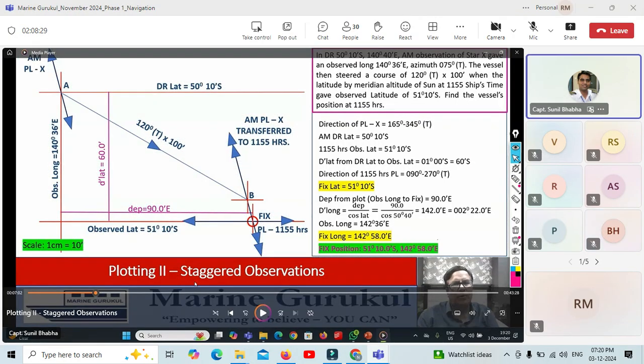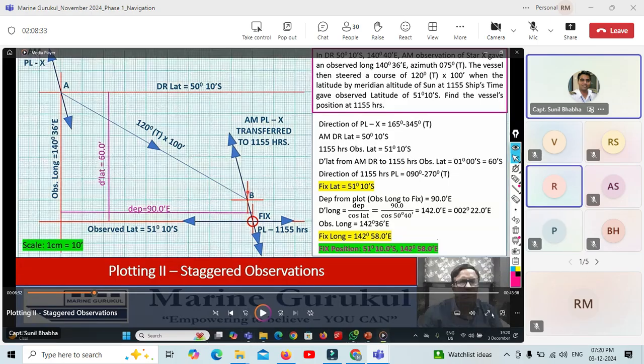Okay, any doubts up to here, beta? Before we proceed ahead, this DLAT from the fix, where have we taken that to calculate the fixed lat? Beta, we do not need any DLAT because the fix is exactly on the observed latitude. So its latitude is 51 10. Yes, sir. Sorry. Thank you.